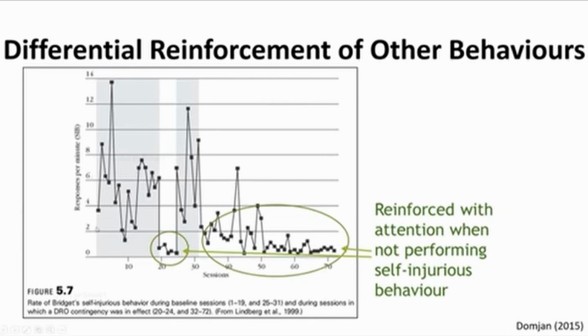In the darker gray parts that are kind of hard to see, the parts that have higher scores are periods when this individual was engaging in that self-injurious behavior. During these periods, they would get no attention.